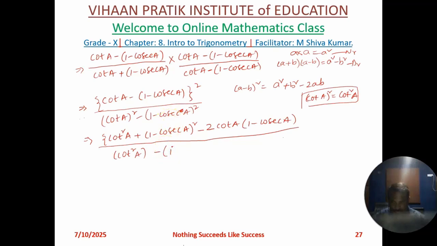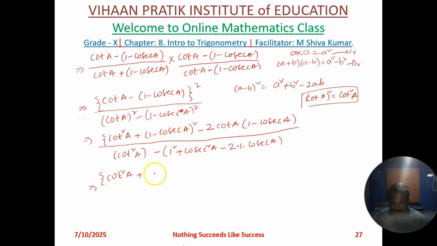So a square 1 square plus b square is cosecant square A minus 2ab, 2 into 1 into cosecant A is the denominator.